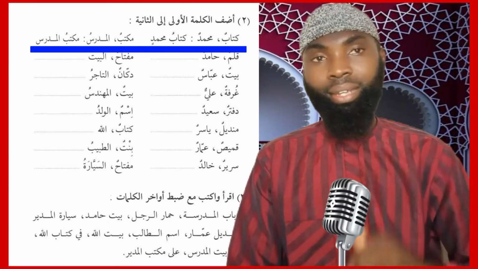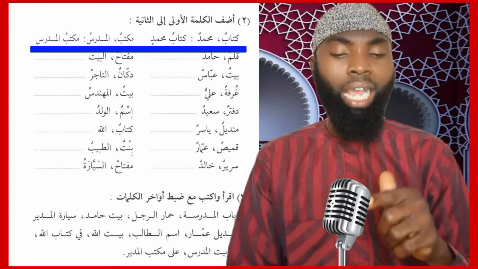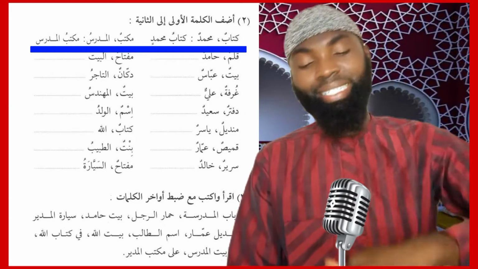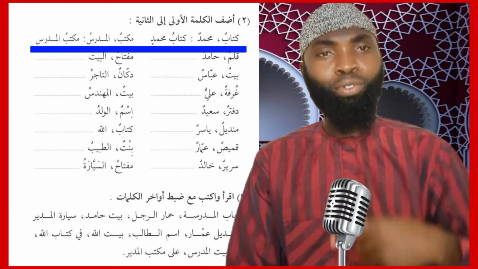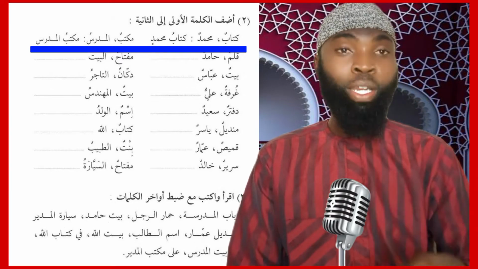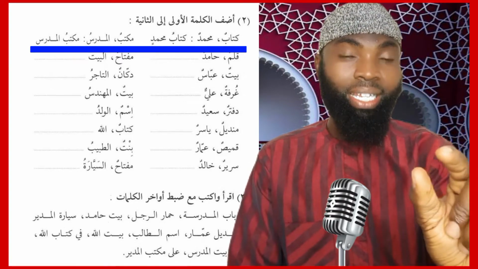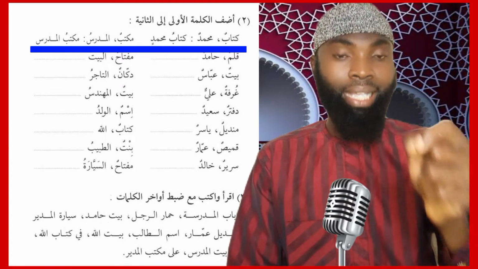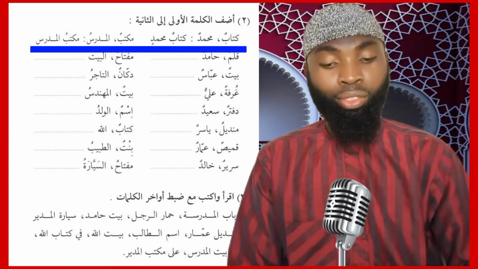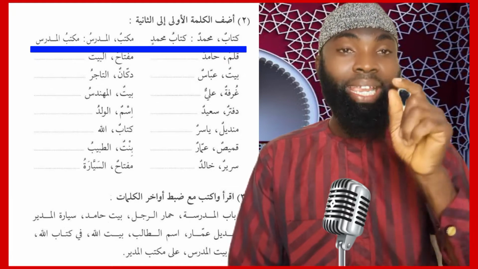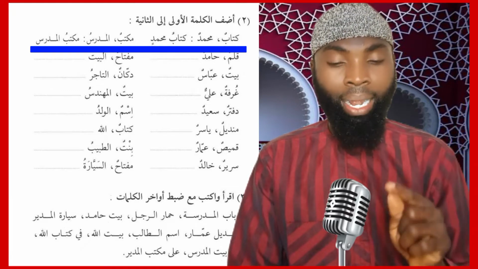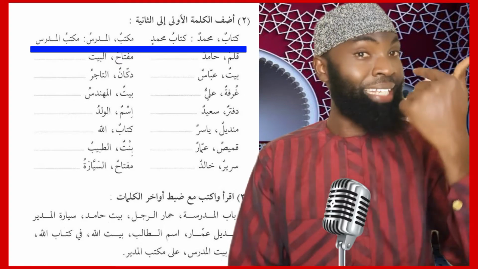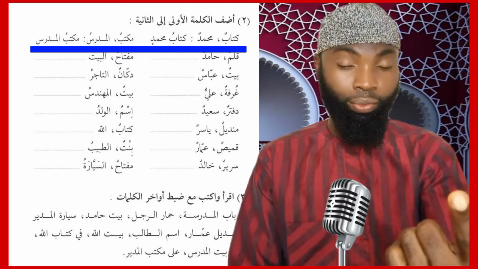Maktabun and Al-Mudarrisu. Now when we join them together, we have Maktabul Mudarrisi, the teacher's table. What we also notice here is that the word Maktabun, now serving as the possessed, the mudaf, we dropped one dhamma, making it Maktabu instead of Maktabun, because it is now mudaf.